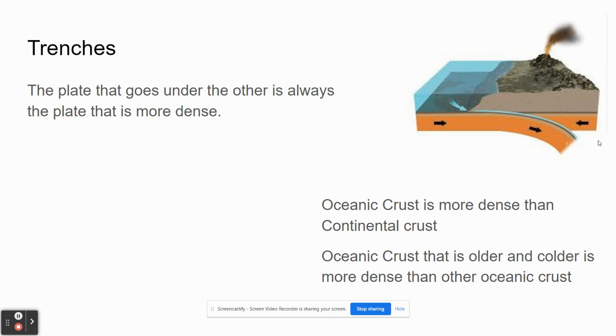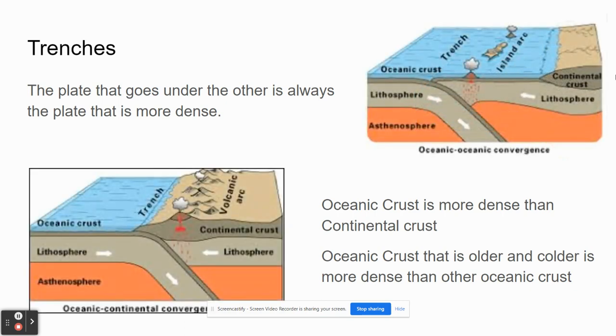The ocean crust that's colder and more dense, which is also always going to be the older one, is going to be the one that sinks down. So here are some pictures of the ocean, and the top one is an ocean-ocean collision. You can see the one that's going down would be the older, colder one, and then you can see the ocean-continent one.